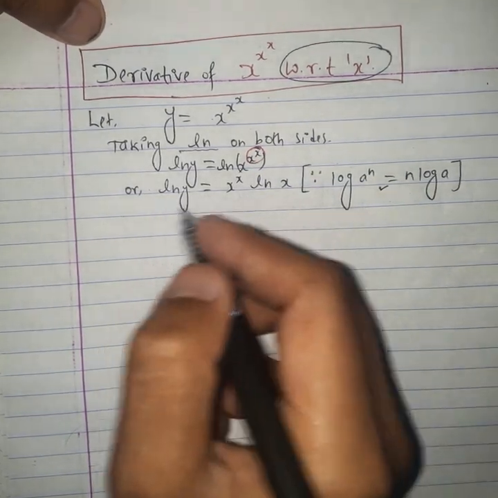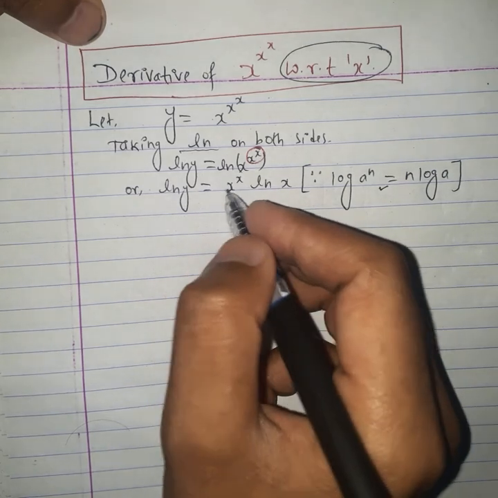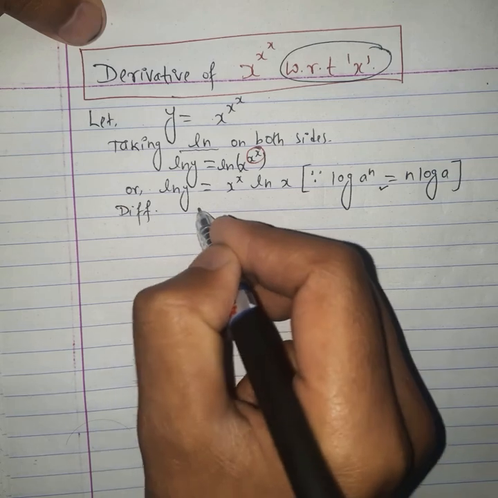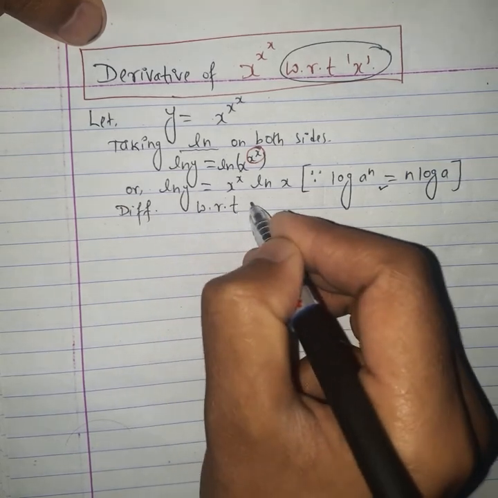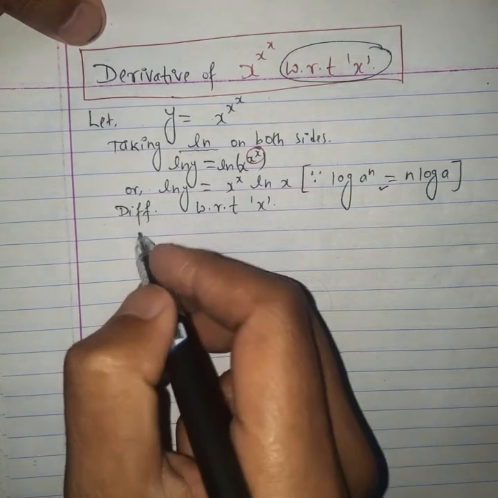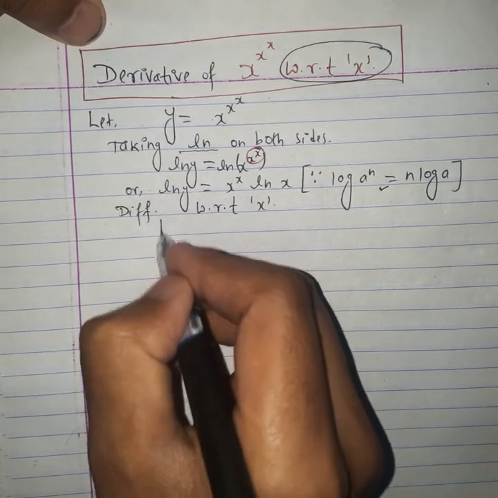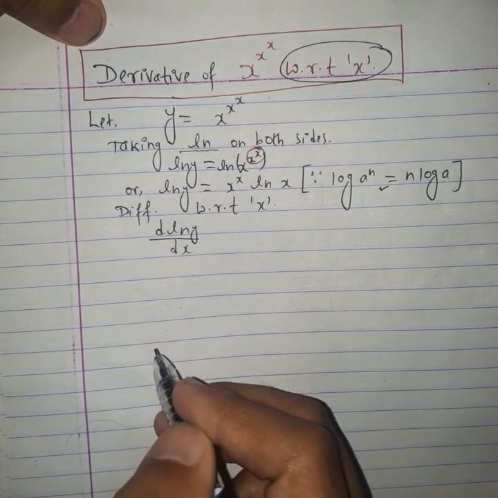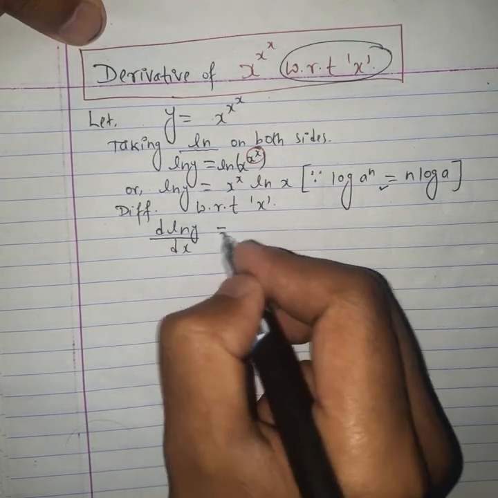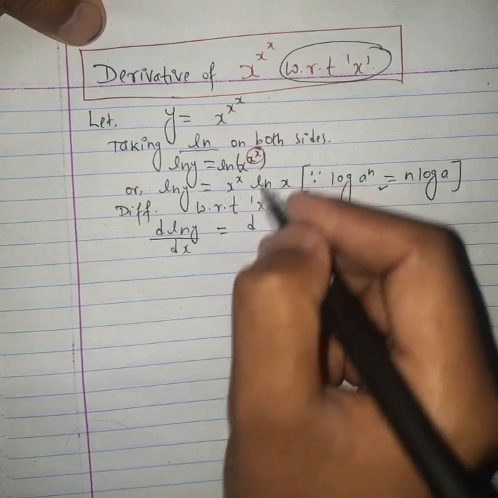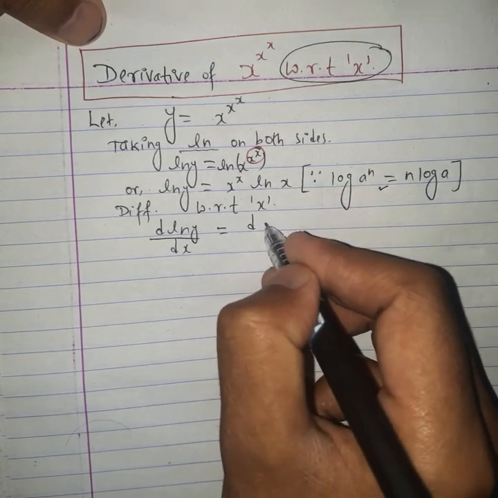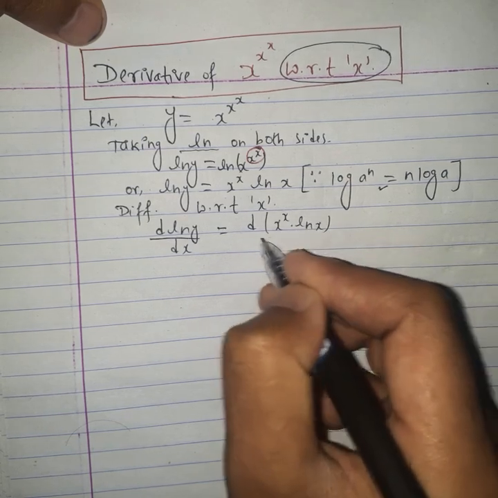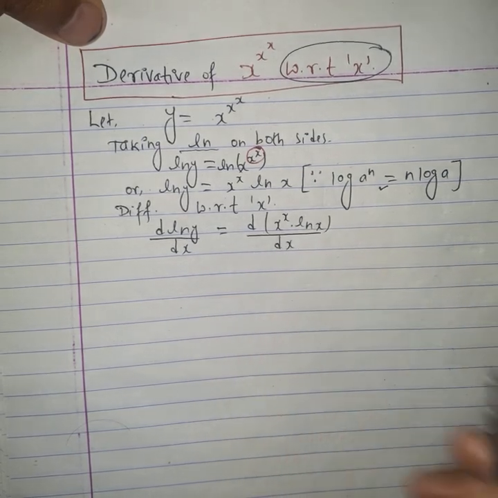Let's differentiate these equations on both sides with respect to x. Differentiating with respect to x on both sides, this will be d of ln y with respect to x, and on the right hand side, d of x raised to the power of x times ln x with respect to x.